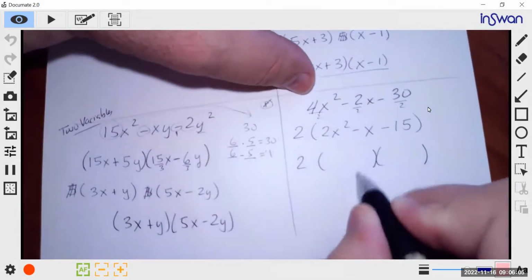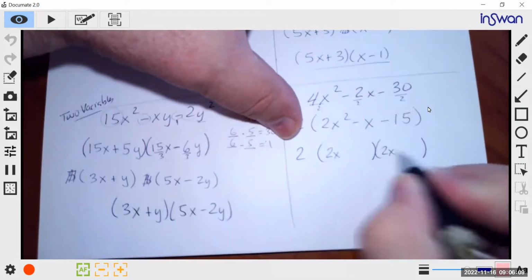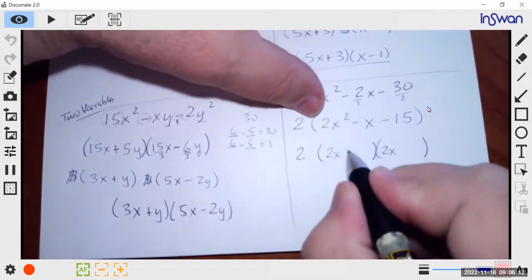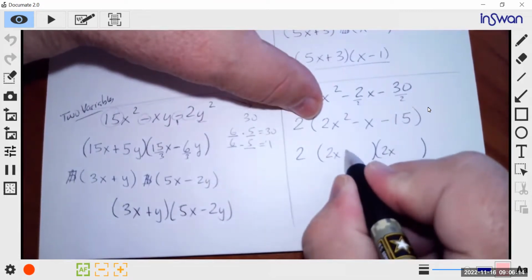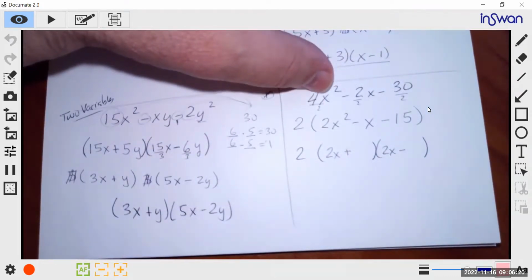So now what do we put next? 2x, 2x. How about the signs? Positive and negative, very good. Next step.